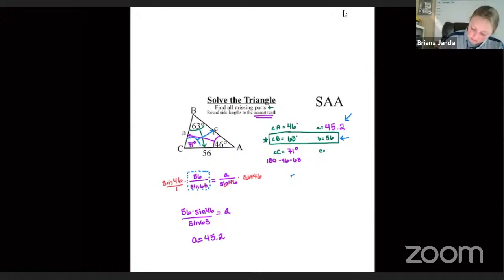So again, using the 56 over the sine of 63, side C, which is my next focus here to find, over the sine of the angle across from it, which is 71 degrees. Again, solving, I'm just going to multiply both sides by the sine of 71.